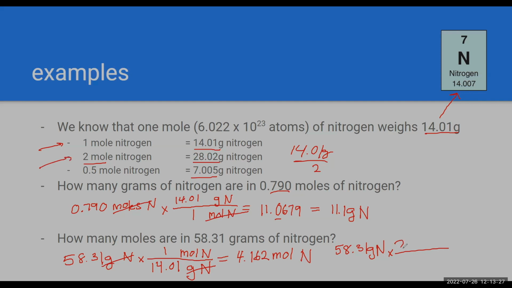But what we have to make sure is that we use the corresponding mass of it. So, for example, 2 moles of nitrogen would weigh 28.02 grams of nitrogen. And it makes sense because if you reduce this down to 1, you'd still get 1 over 14.01. And that would end up getting you the same answer that you see right here.